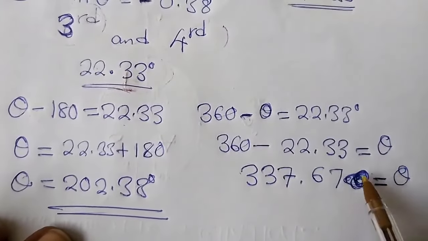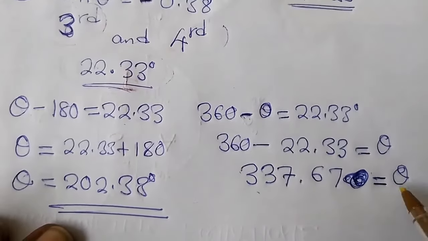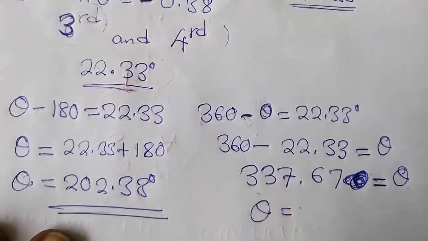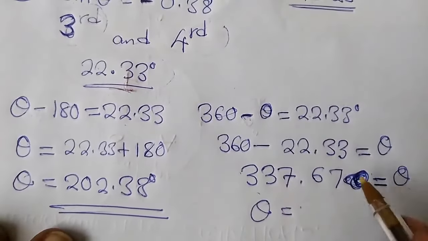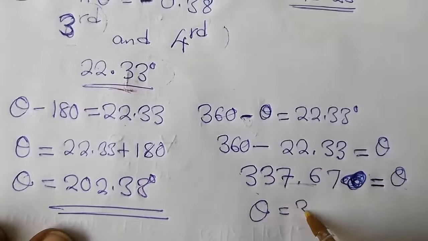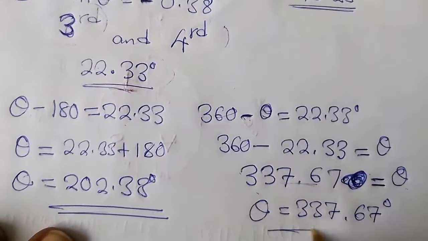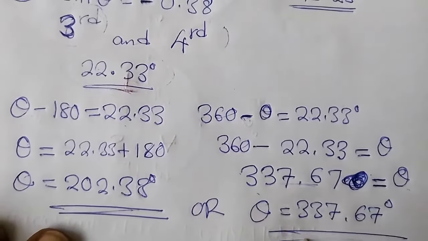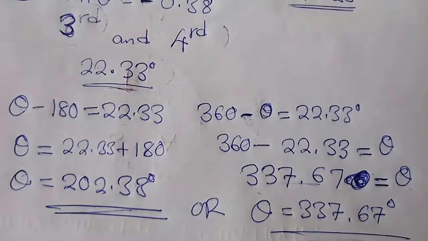So theta is equal to this same answer, 337.67 degrees. So these are your answers. Theta is this one or this other one. This is how we find these answers, and this is how we get to answer our questions.